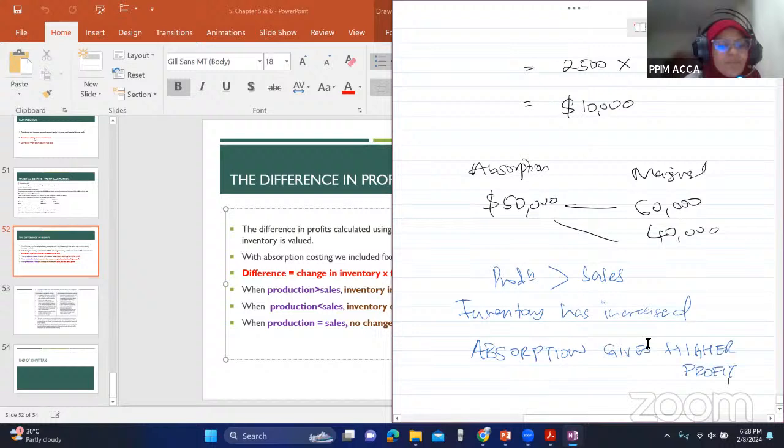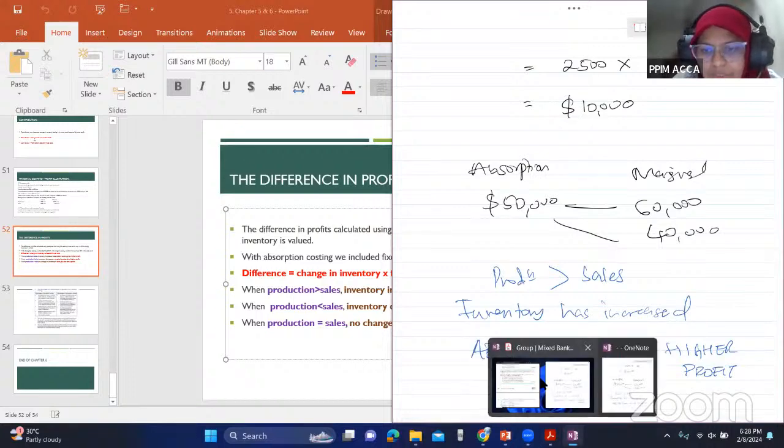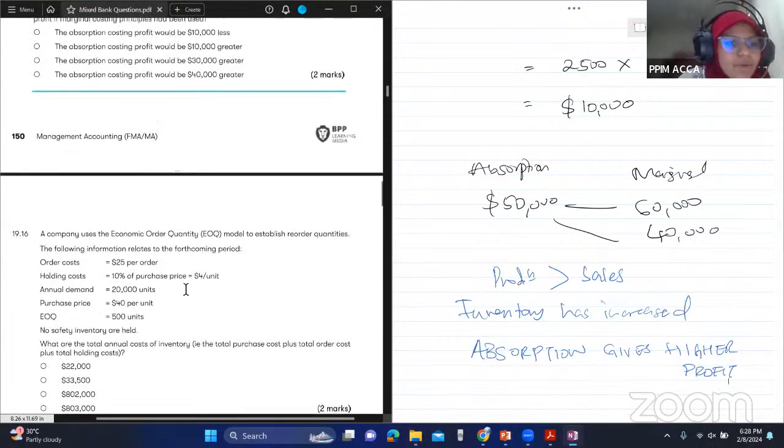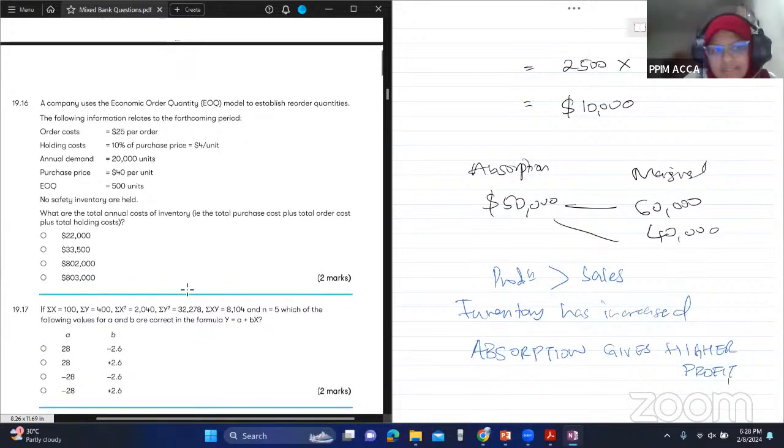Okay. Now, the next question, let me show you that also, is about accounting for materials. And I find this particular chapter, students tend to find it a little challenging. So I want to spend some time and go through, I'll take about 10 minutes just to summarize this chapter for you.